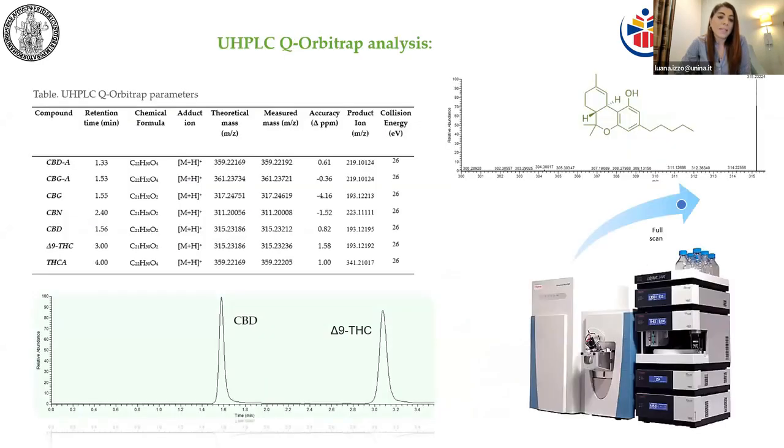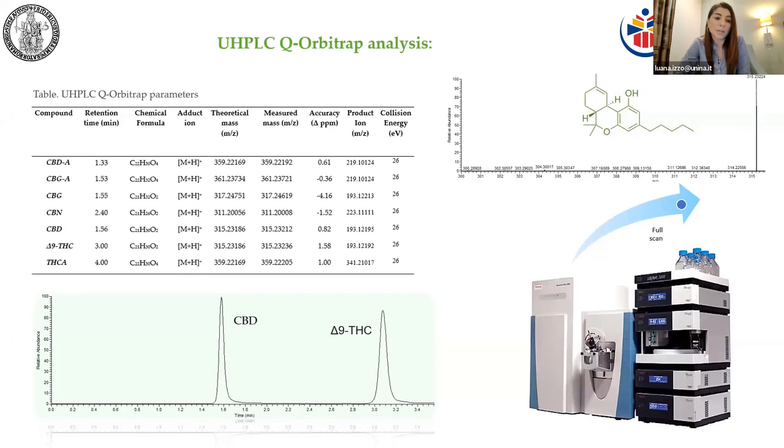In this slide, I have reported all the parameters that I have optimized for the method. In this part, I have reported the chemical formula, the retention time, the adduct.